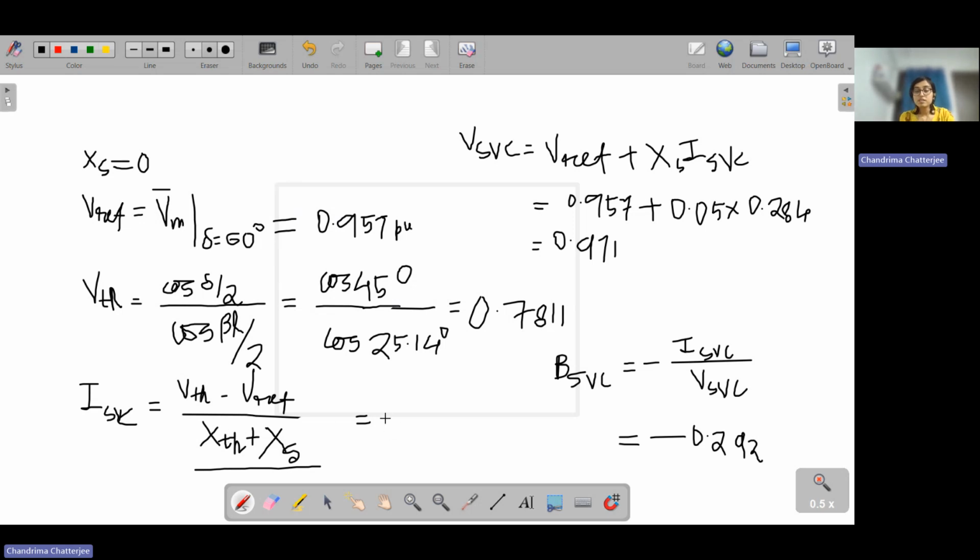So ISVC is minus 0.7485 per unit. And what is VSVC here? VSVC is equal to V reference.